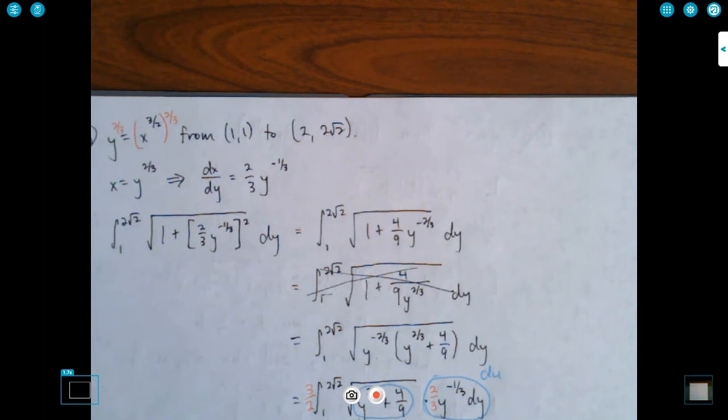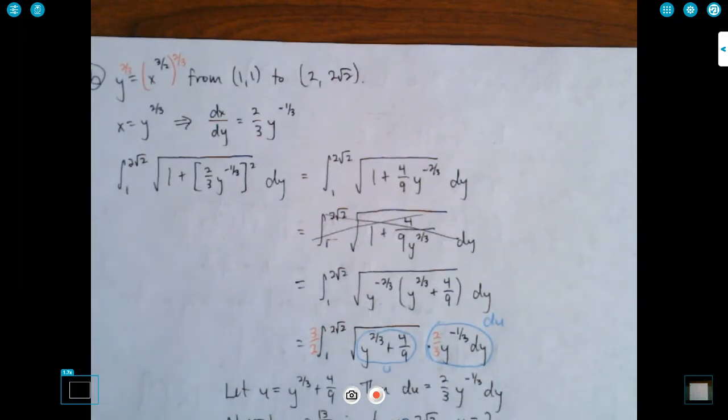I put a 3 halves, so 3 halves times 2/3 does cancel, right? So it's u to the 1/2 goes to u to the 3 halves divided by 3 halves, which is times 2/3. Those cancel. What went wrong here?